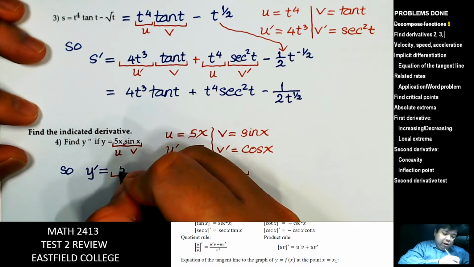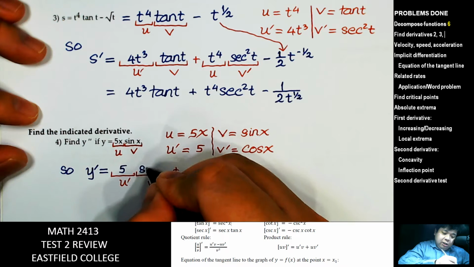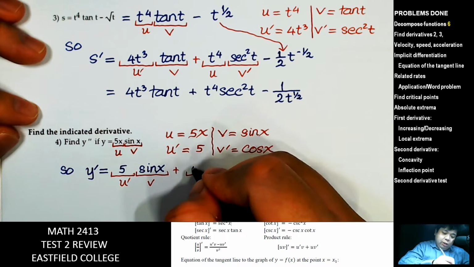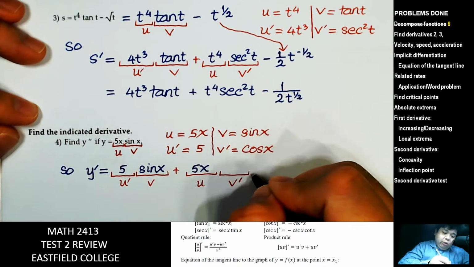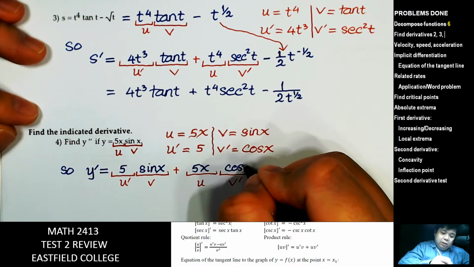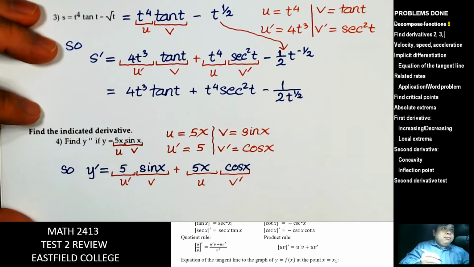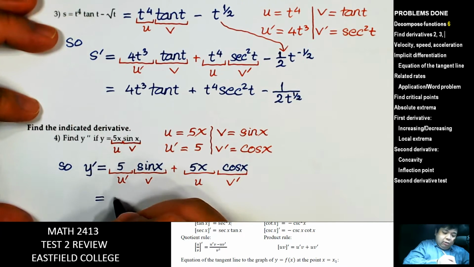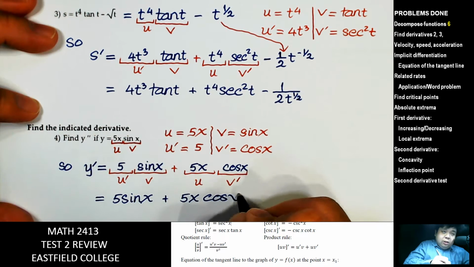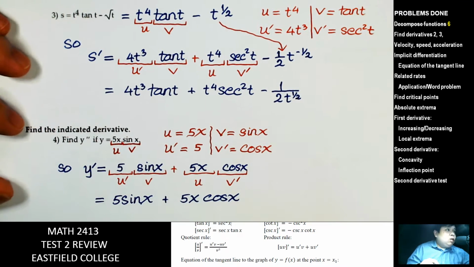So we have 5 u prime v plus u v prime cosine x, right? So that would be 5 sine x plus 5x cosine x, right? So that is the first derivative.